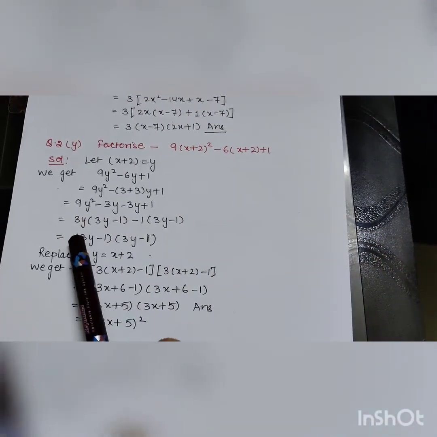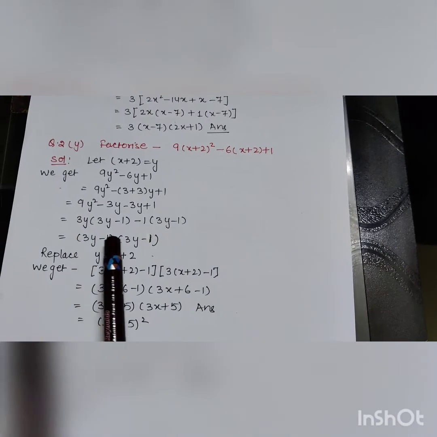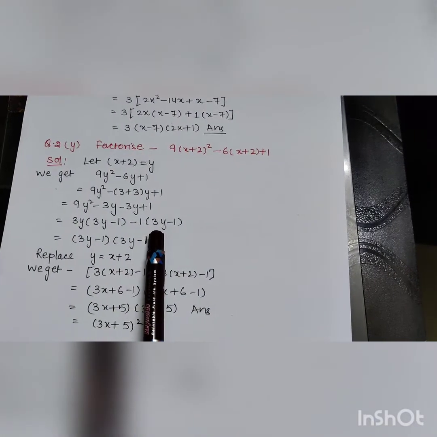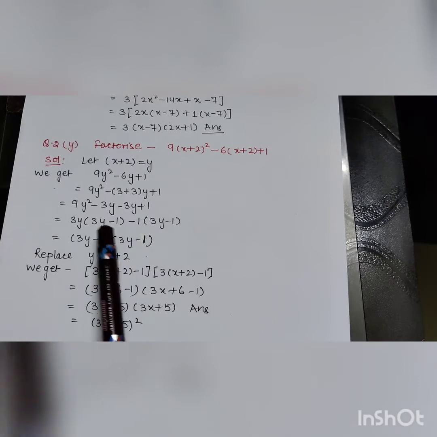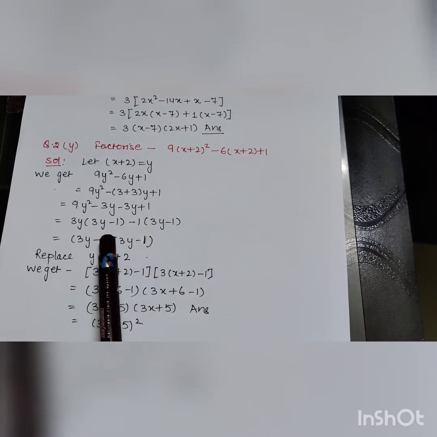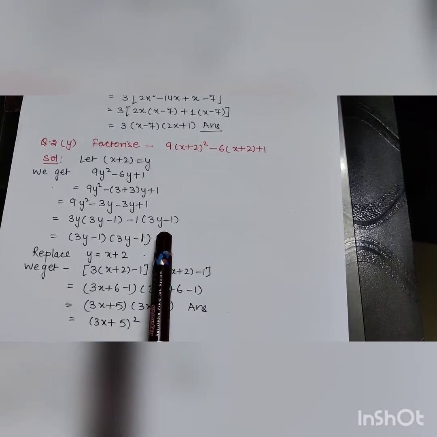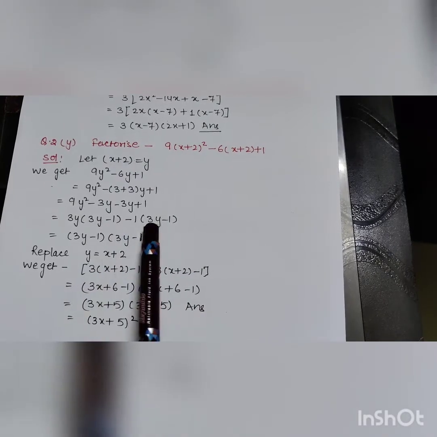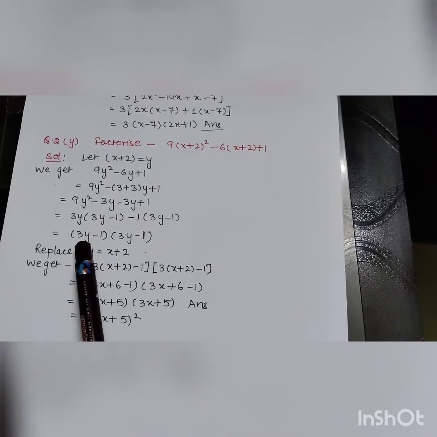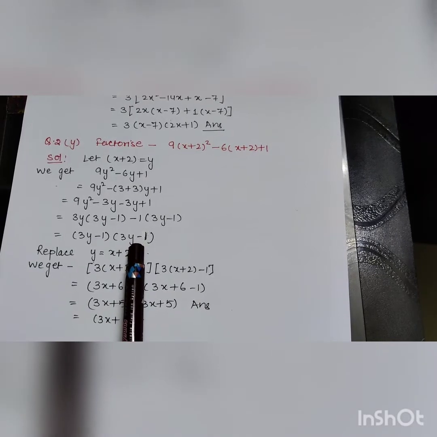In the first two, we can take 3y common, and in the last two, we can take minus 1 common. After taking common, what is left inside the bracket? 3y minus 1 in each case. After taking 3y minus 1 out of these two common, we have got 3y minus 1 again.